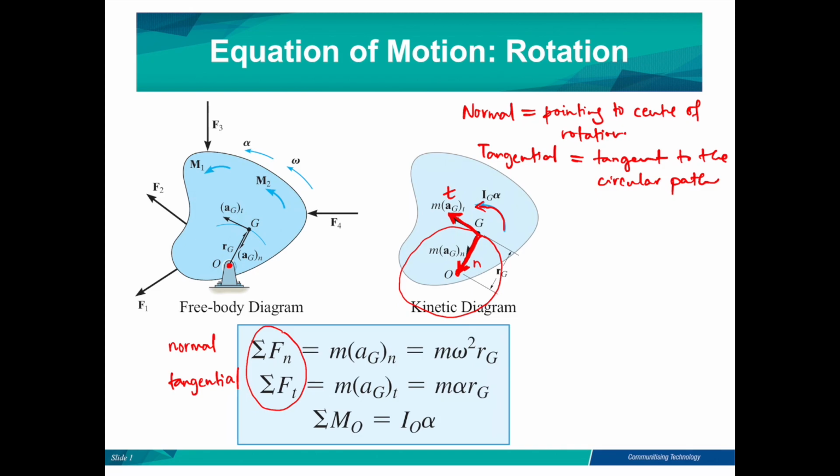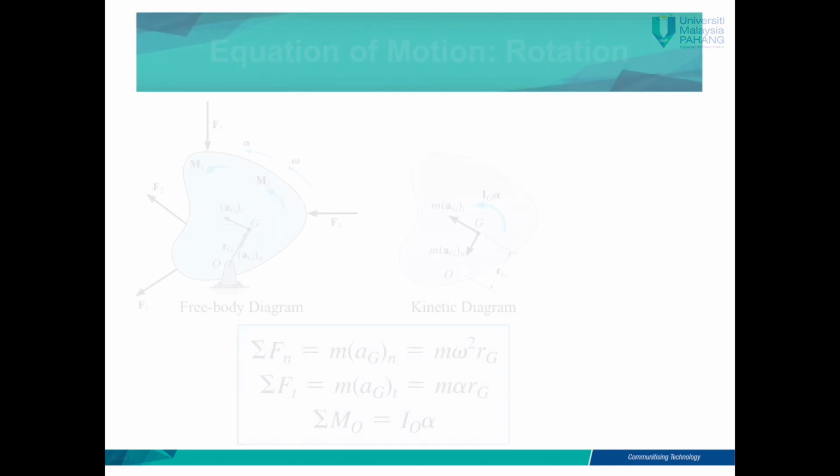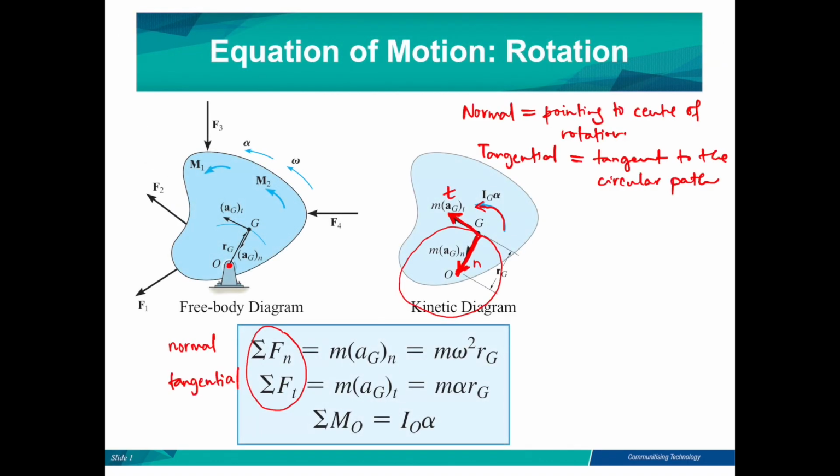Okay, and we have also defined previously that the normal component AN is equal to omega square times R, and tangential component AT is alpha times R. This was derived based on the kinematics chapter.